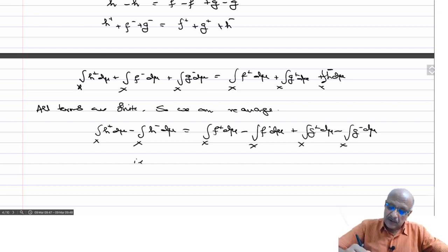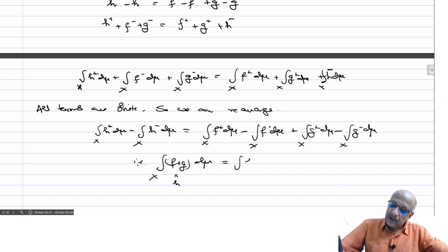That is the integral of f plus g d mu, this is h, remember, equals integral of f d mu plus integral of g d mu.